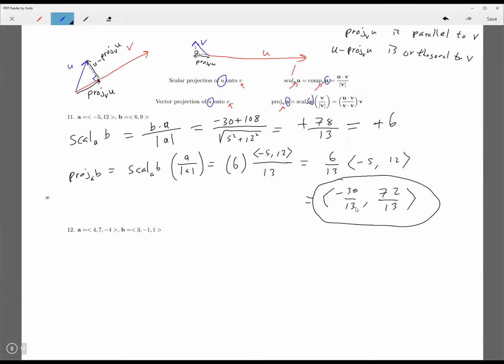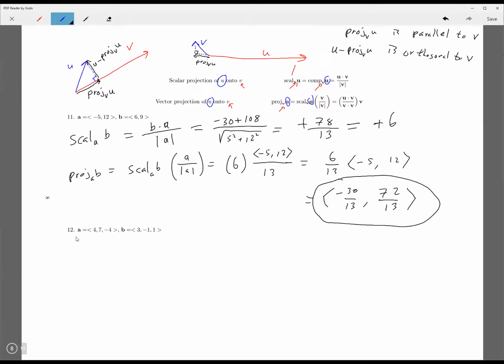And once again, if A were this vector here, this red one, and B were this blue one, then this right here would be the vector projection. And the scalar projection represents how many times this would go out. Actually, we're not gonna get into that.